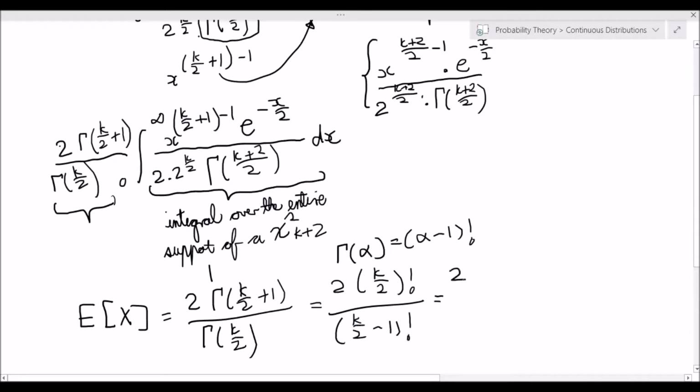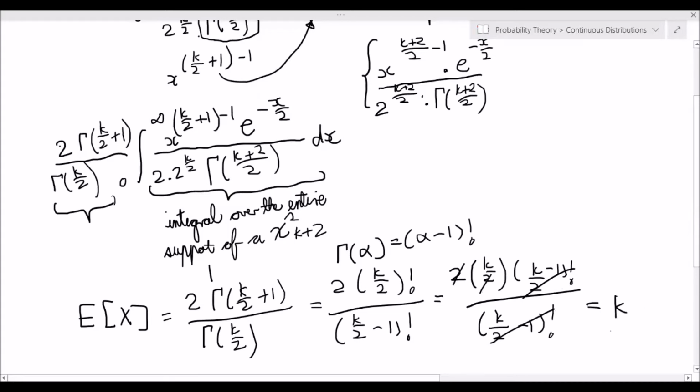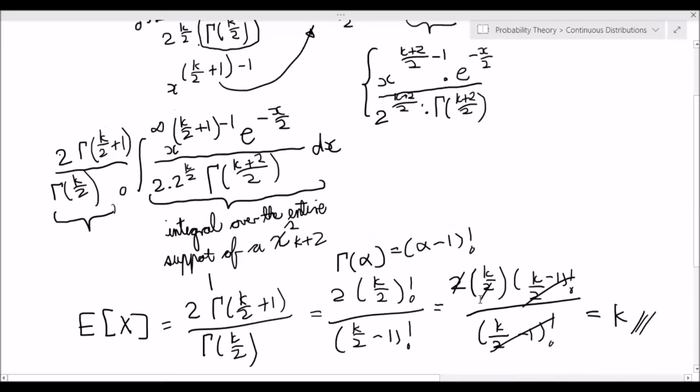If we simplify further, we know that k over 2 factorial is simply k over 2 multiplied by k over 2 minus 1 factorial, sorry, k over 2 minus 1 factorial. K over 2 minus 1 factorial at the denominator as well. And these two factorials cancel each other out, and these 2's cancel each other out as well. So we're left with the expected value of x, the mean of the chi-square distribution, is simply k, the degrees of freedom.